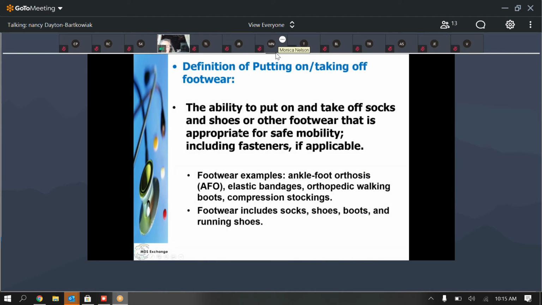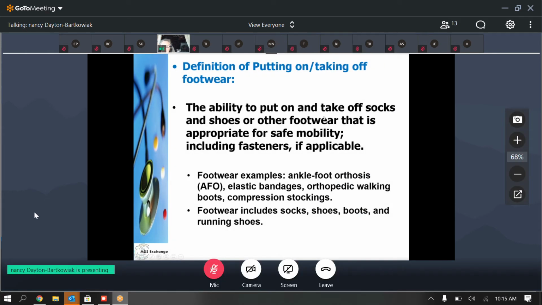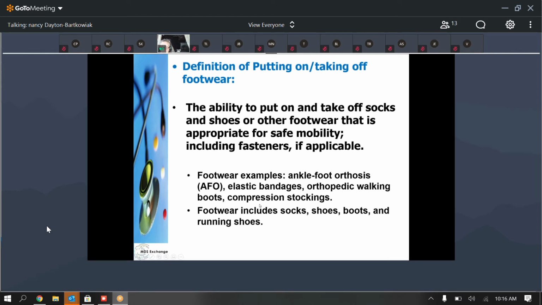Definition of putting on and taking off footwear is the ability to put on and take off socks and shoes or other footwear that is appropriate for safe mobility, including fasteners if applicable. Footwear examples would be ankle foot orthosis or an AFO, elastic bandages, orthotic walking boots, or compression stockings.